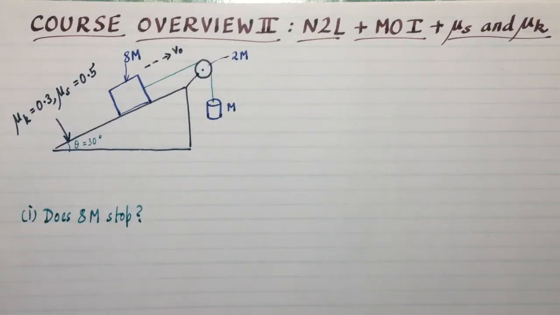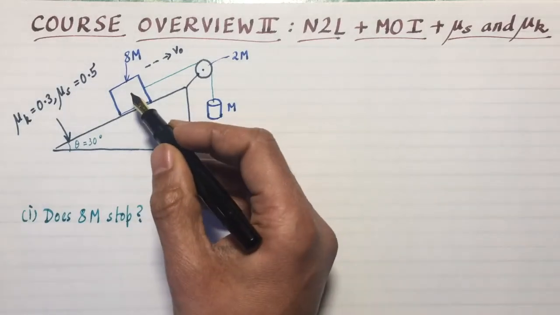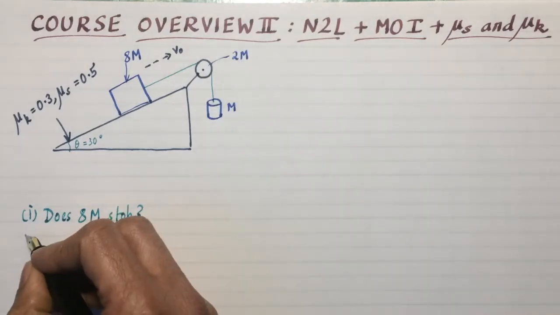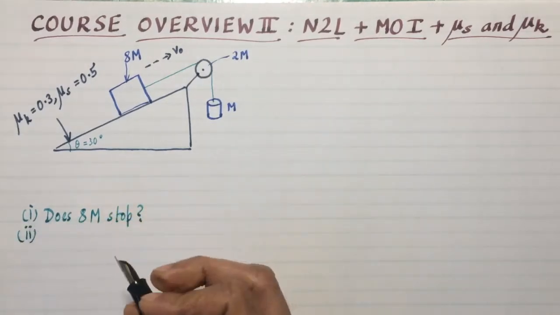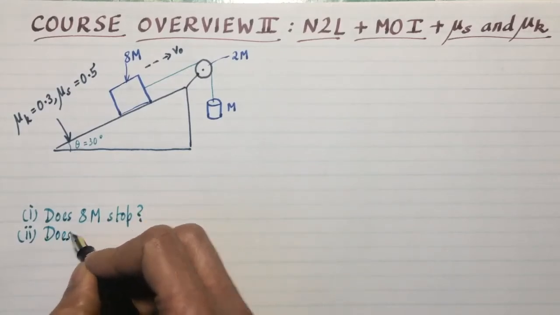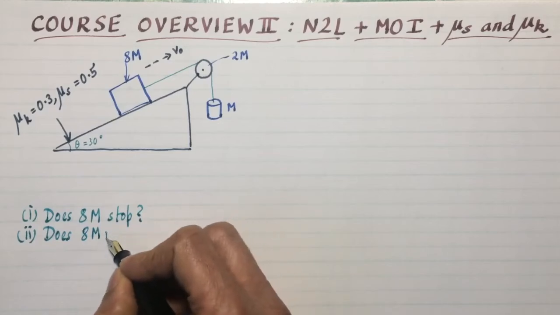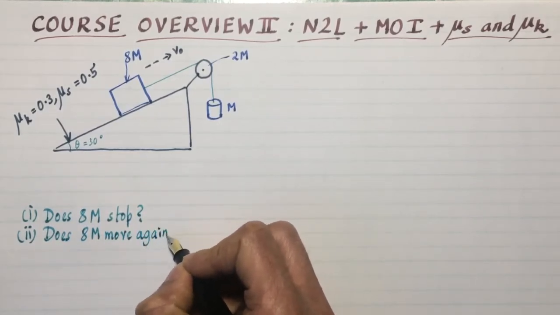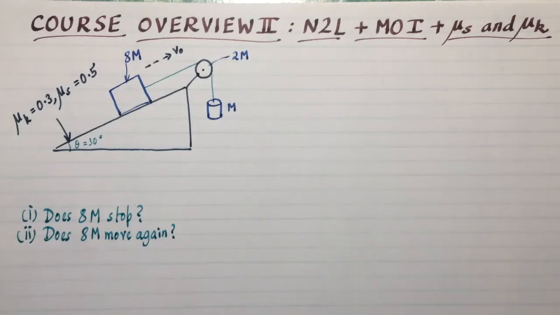It might seem plausible for it to stop because 8m might easily overwhelm 2m and m. So that's the first part of the problem. The second one is, does it move again? Turns out to be two separate issues, so let's tackle them one by one.